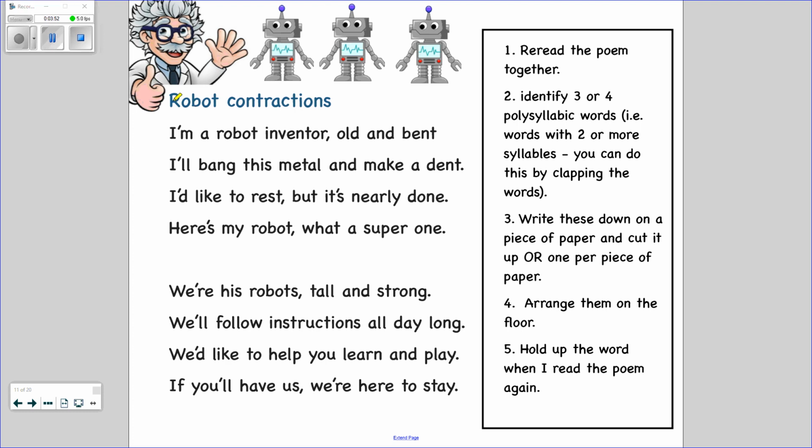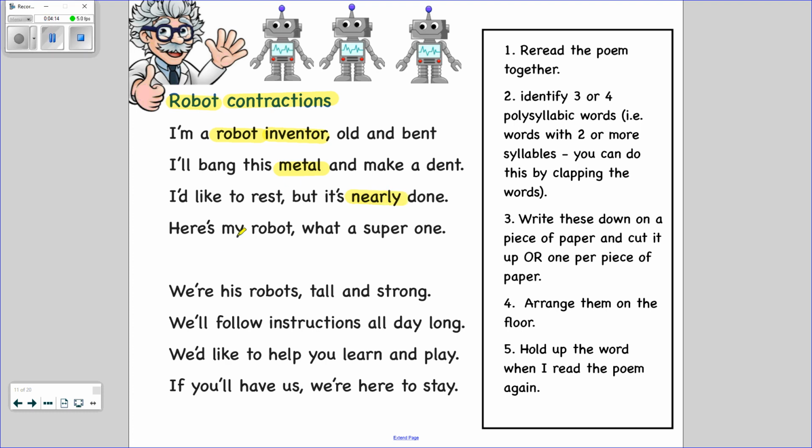So, robot contractions. I'm a robot inventor, old and bent. I'll bang this metal and make a dent. I'd like to rest, but it's nearly done.